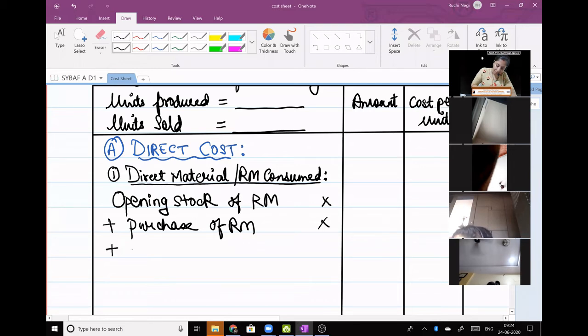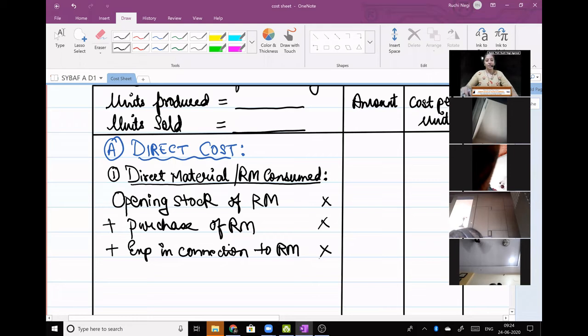Add expenses in connection to raw material. Write along with me. Expenses in connection to raw material.